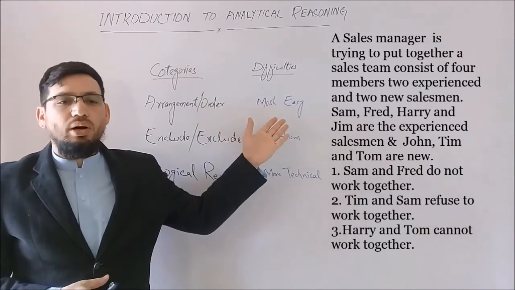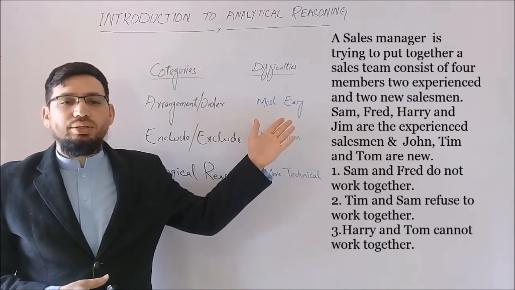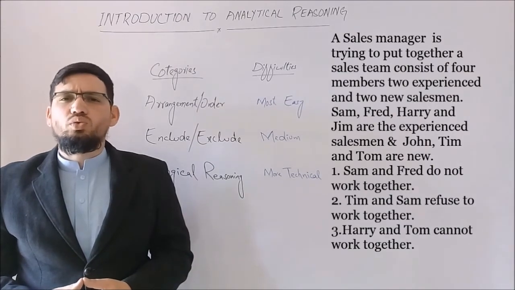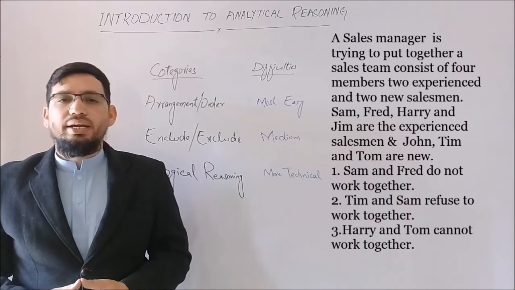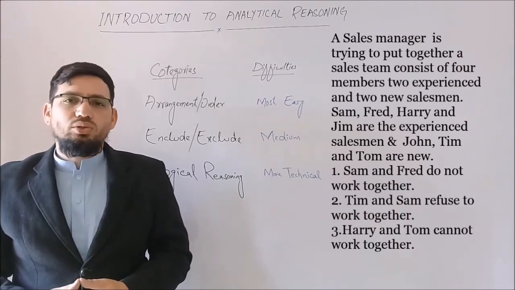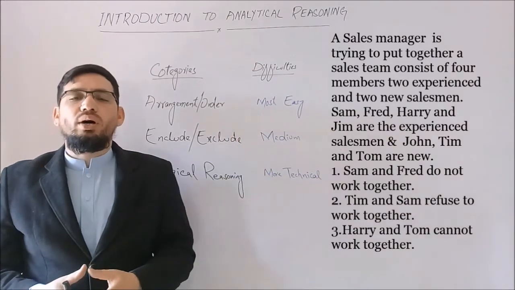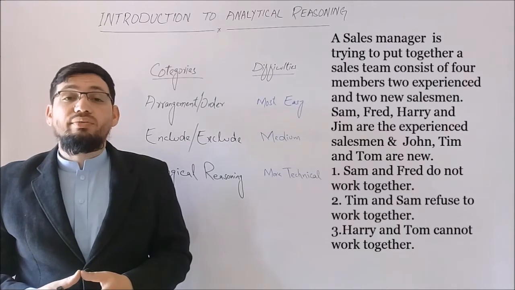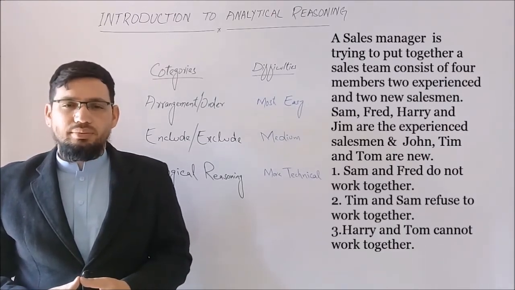The restrictions about that group are that Sam and Fred do not work together. Also Tim refuses to work with Sam. And the third restriction is that Harry and Tom cannot work together. Using those restrictions, we have to form a group, or more than one group, which could be possible.